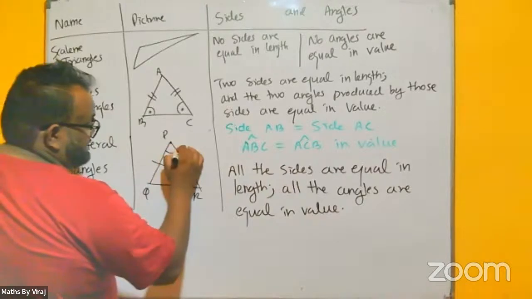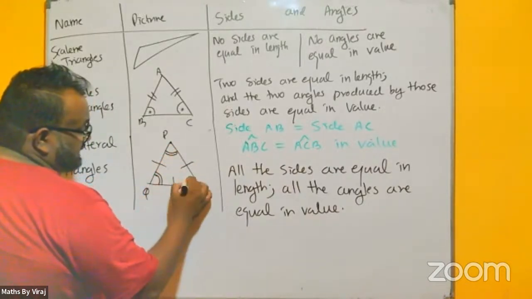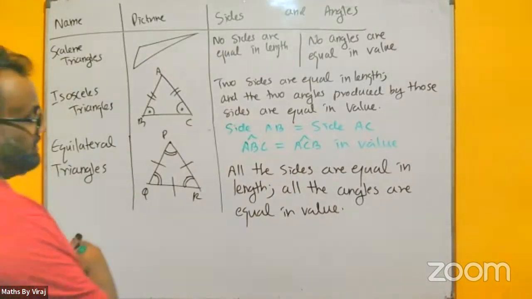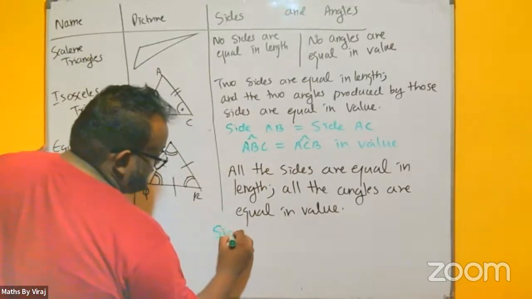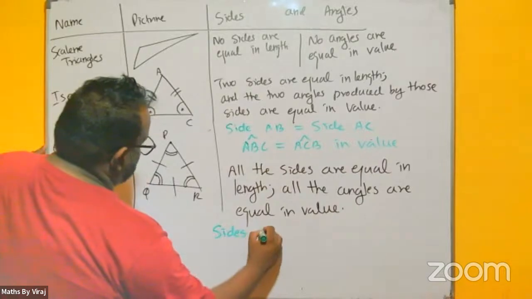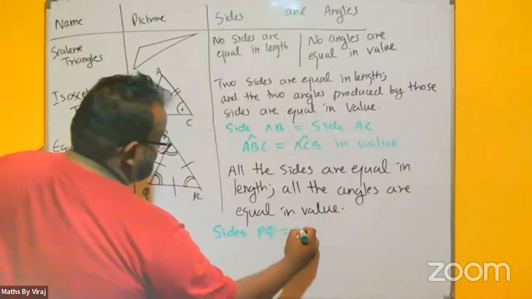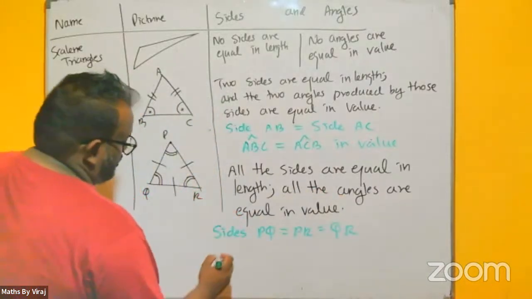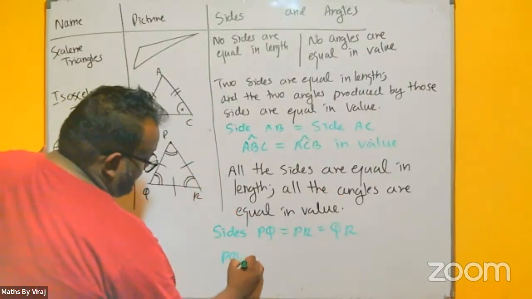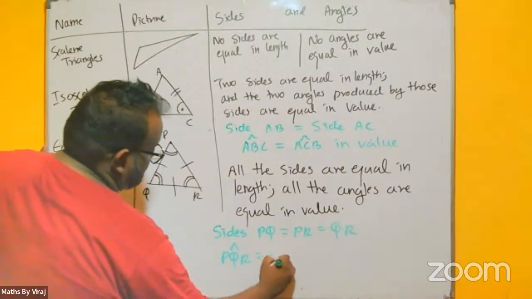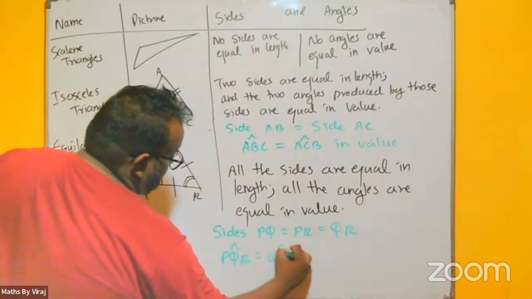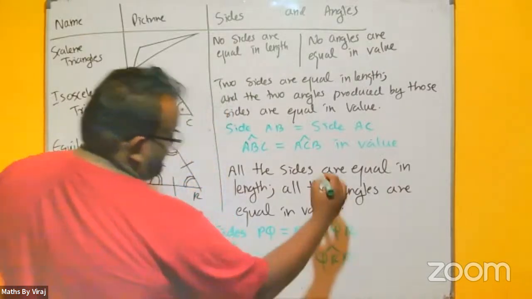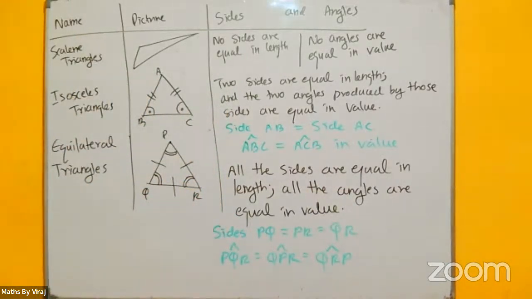So basically all these angles are equal in value. What can I say now? Sides PQ equals PR equals QR. Also angle PQR equals angle QPR equals angle QRP. Did I make myself clear to all of you?